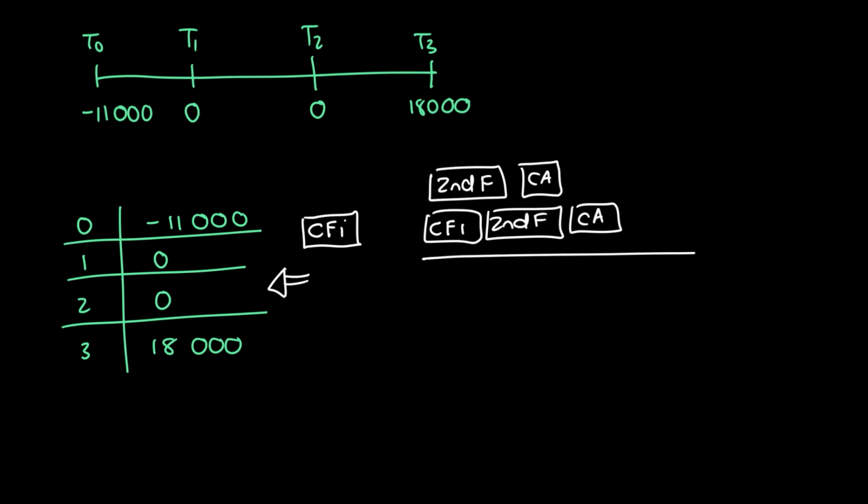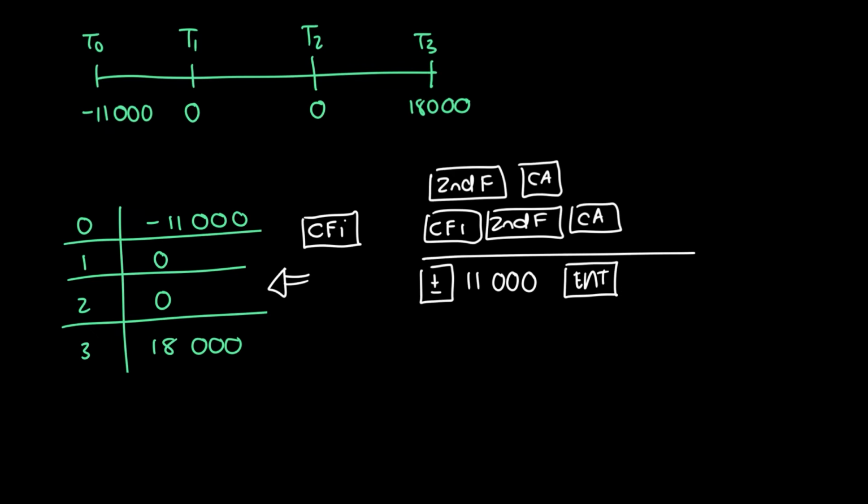Then we're going to put in all our data, this table that we were just discussing. We do that by going through the process, and our first entry is negative 11,000. So we press plus-minus, 11,000, and then push enter. It puts it into data, much like we put things into data before.